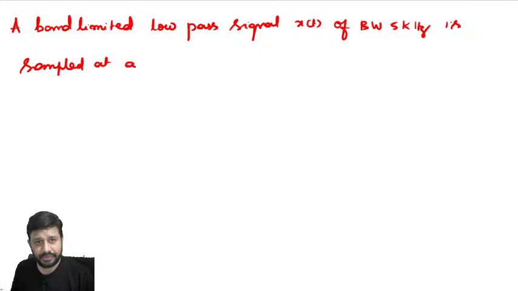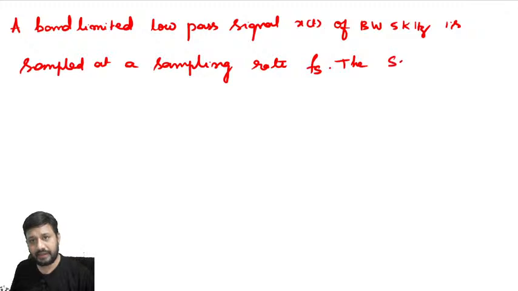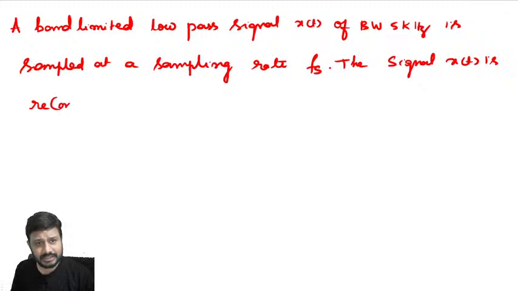is sampled at a sampling rate fs. Now after sampling, what is being done? The signal x of t is reconstructed. Reconstruction means you must pass the signal through some filter.